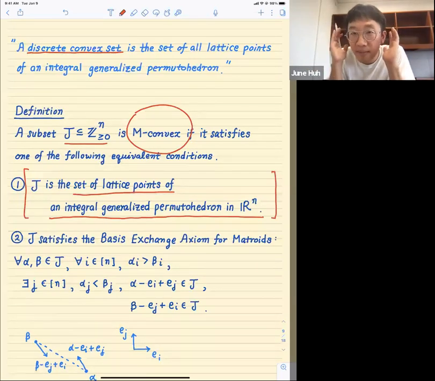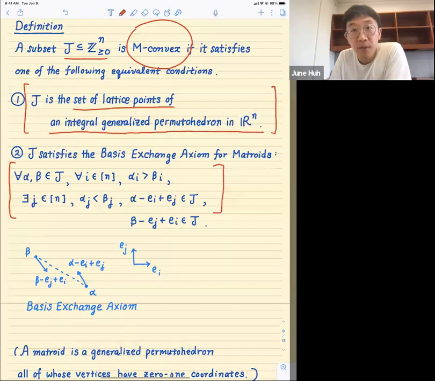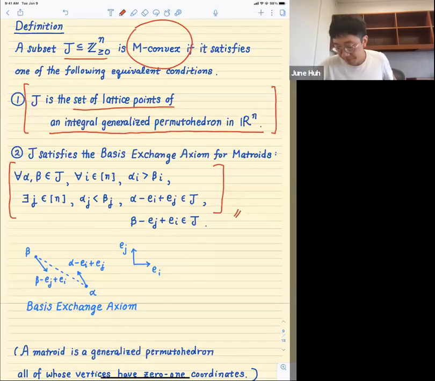So just think of a generalized permutohedron and all its lattice points. And if you already know what matroid theory is, this statement with lots of quantifiers is there to show you that this definition 1 is equivalent to the definition that you see in matroid theory, the basis exchange axiom. So we would not need to go into this.